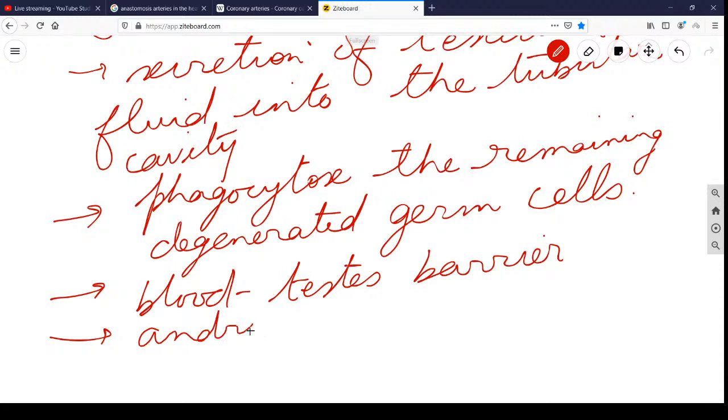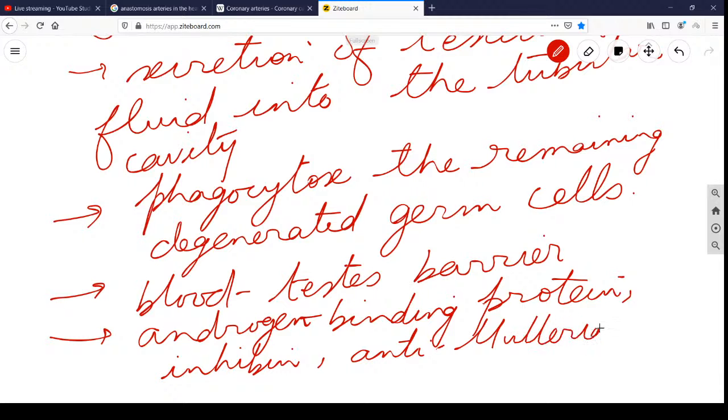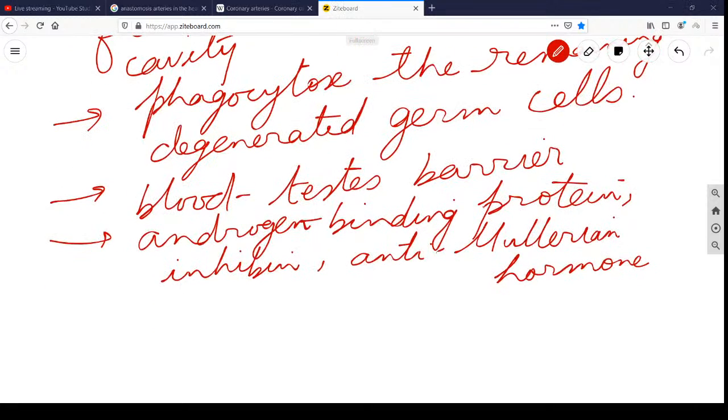So androgen binding protein, then inhibin, then anti-mullerian hormone. All these proteins and hormones are secreted by Sertoli cells.